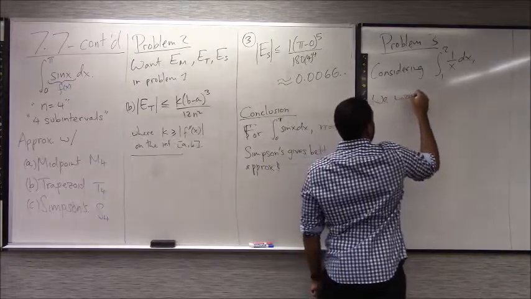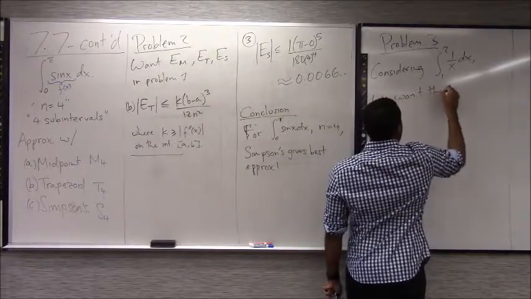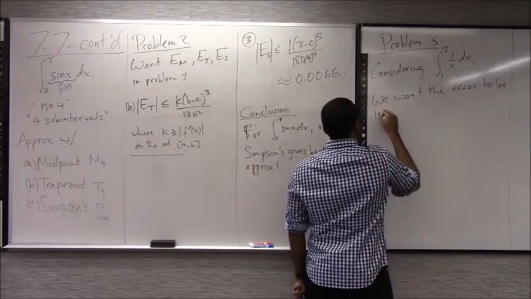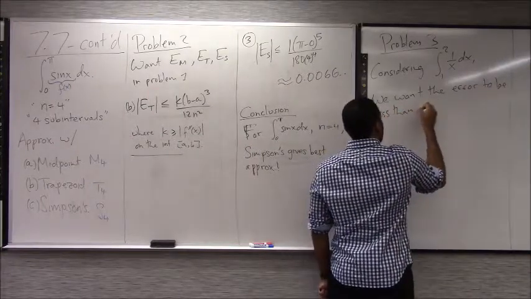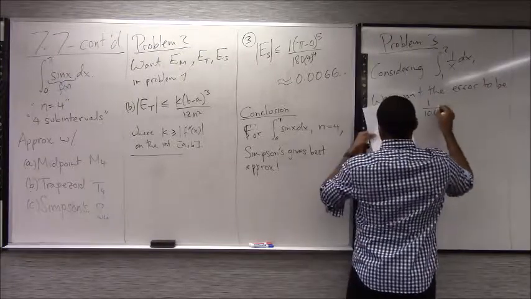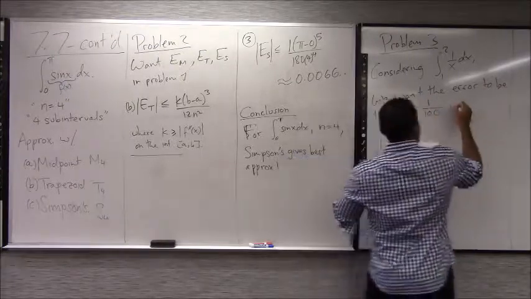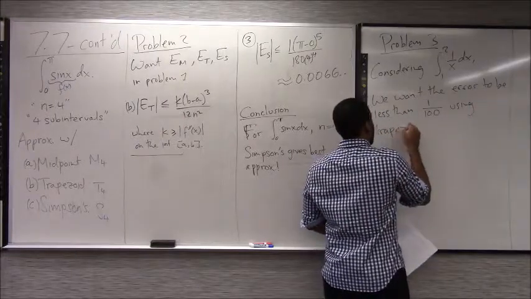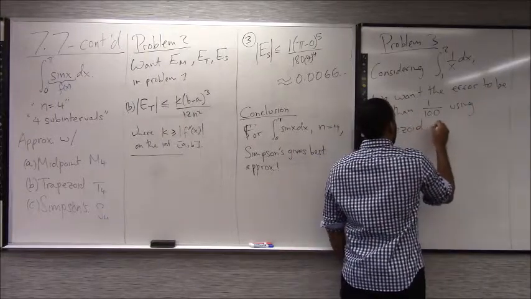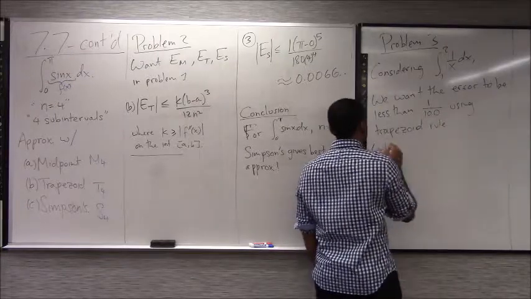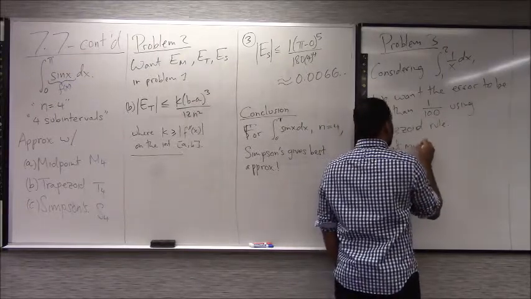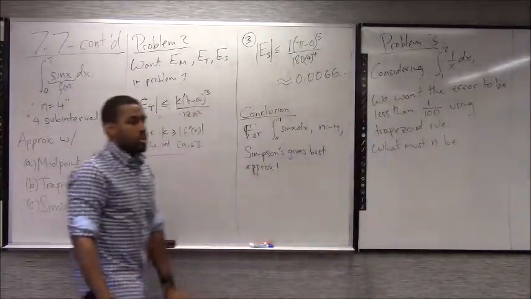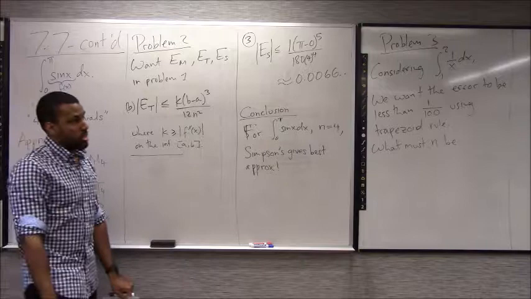We want the error to be less than 1 over 100 using Trapezoid Rule. And what I'm asking is, what must n be? How many trapezoids do I need to be that close to the actual answer?